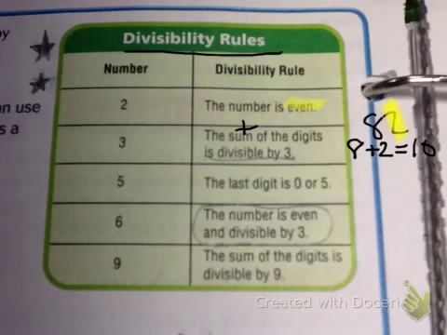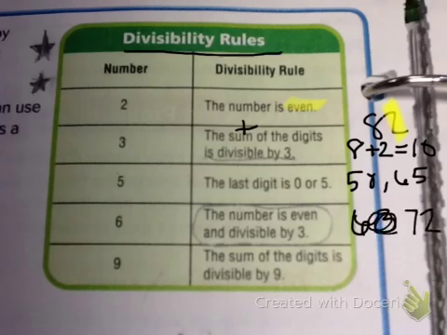5, if it ends in 0 or 5, such as 50 or 65, we would know right away. And then the tricky one for 6 is if my number, let's say, is 72.